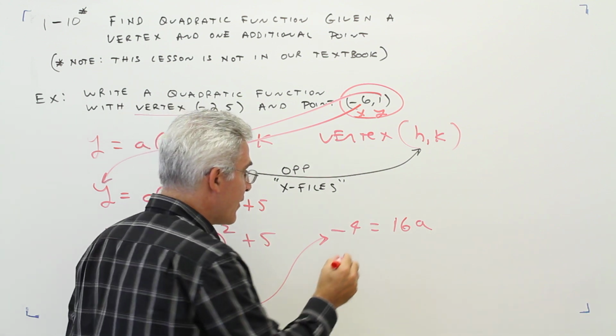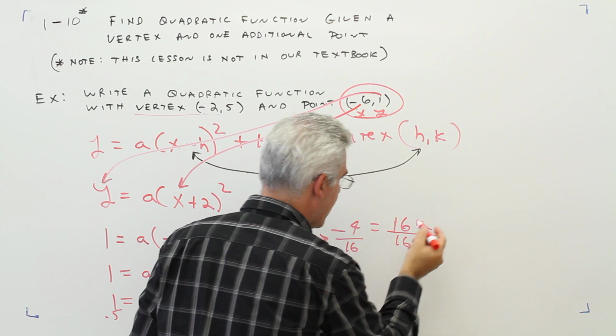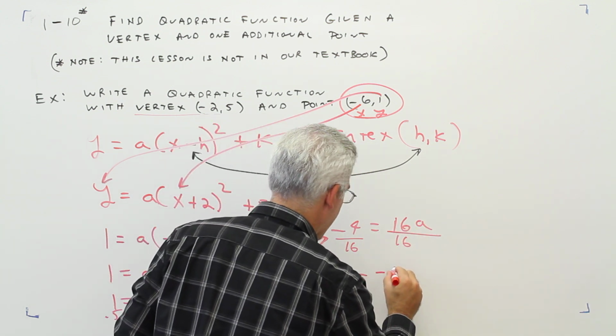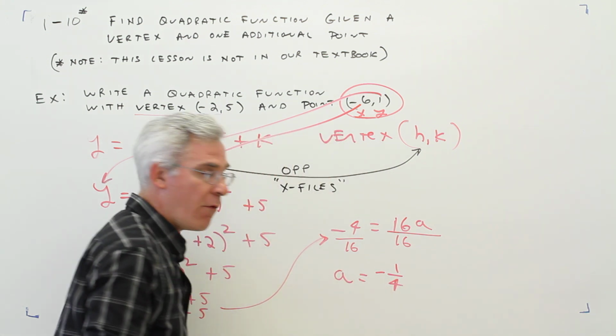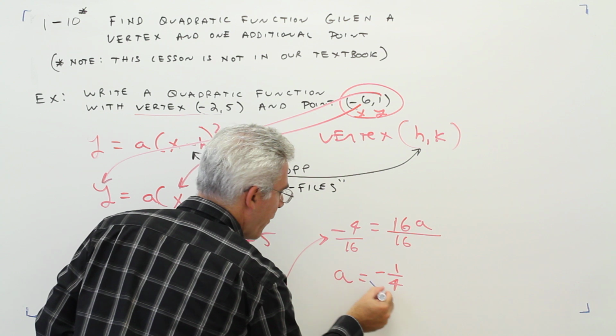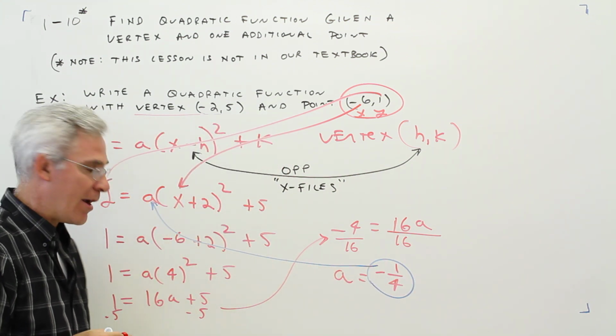Divide each side by 16. And get a to equal -1/4. Then all I've got to do is take that -1/4 and insert it for that a value right there.